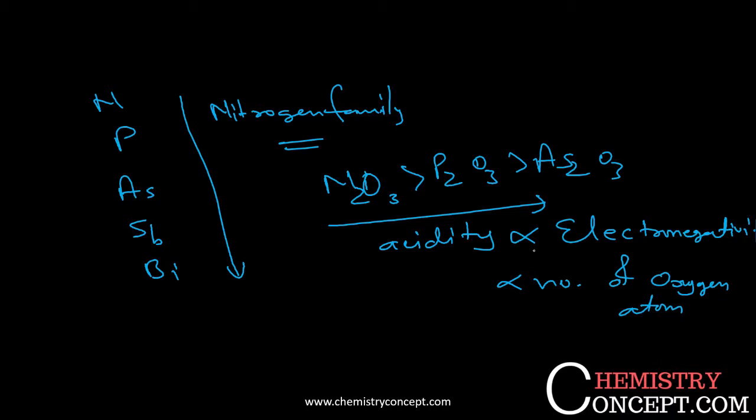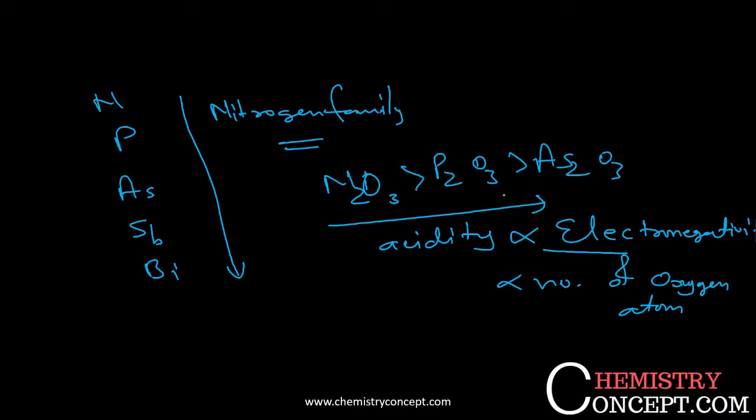So whenever we have different elements, we see the electronegativity. When it is the same element, we see the number of oxygen atoms. So this is the acidity strength trend in this nitrogen family. With the same pentaoxides also the trend will be similar.